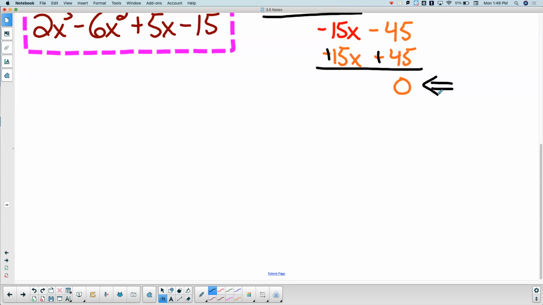Having a remainder of 0, what does that mean about x plus 3 and the original equation? Oh, isn't that a solution of it? No, it's not a solution. When x equals -3, right? X equals -3 would be a solution, yes.